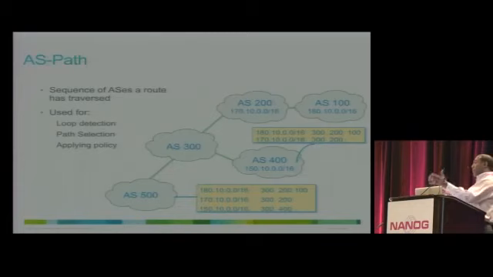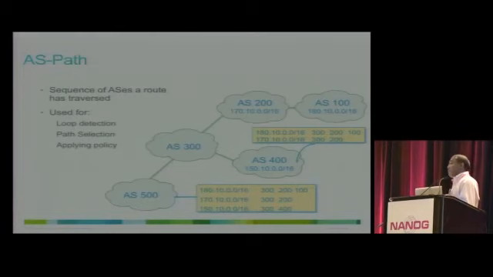It is used to influence route selection. Usually, if it is a longer AS path, you do not want to use it, or you prefer a shorter path. But there are other requirements also, so we'll discuss the route selection mechanism later on. One of the uses for AS-PATH is influencing route selection. Second one is for loop detection, and we'll see that later on. And the third one is for applying policy.